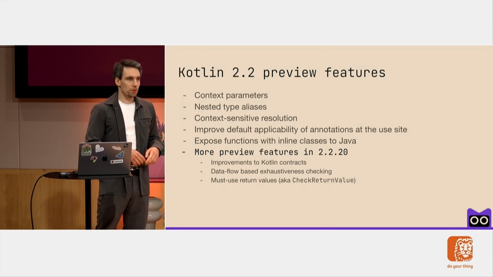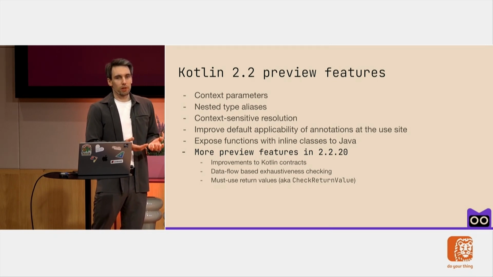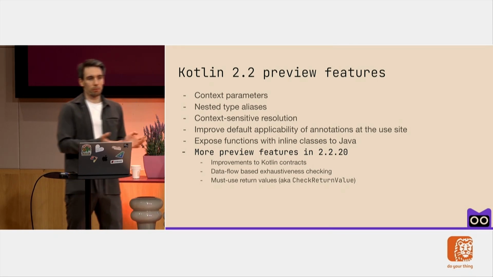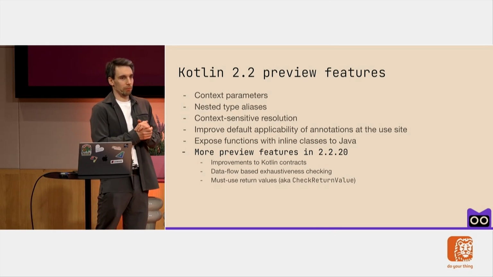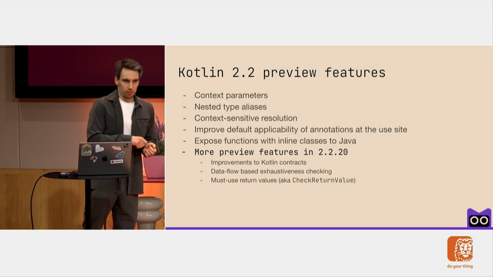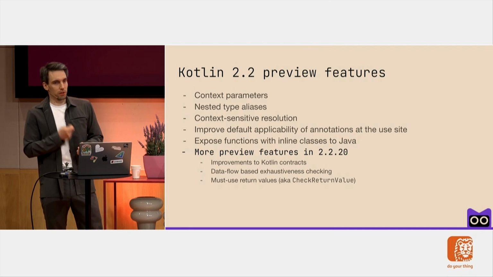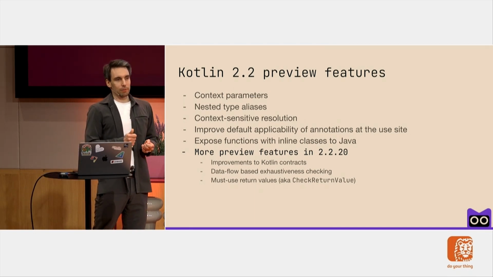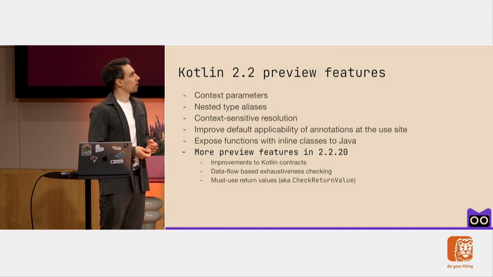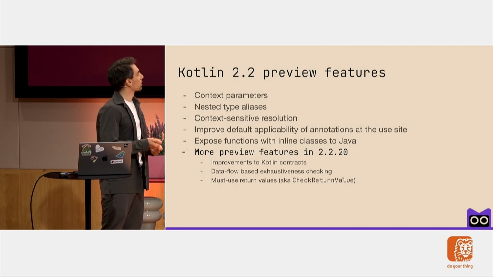For instance, if you apply an annotation to a constructor parameter which is also a val property, right now it might be a question where it will actually be applied in the JVM bytecode. Is it going to be applied to the constructor parameter, the backing field, or the property? And sometimes it's quite important for certain frameworks.